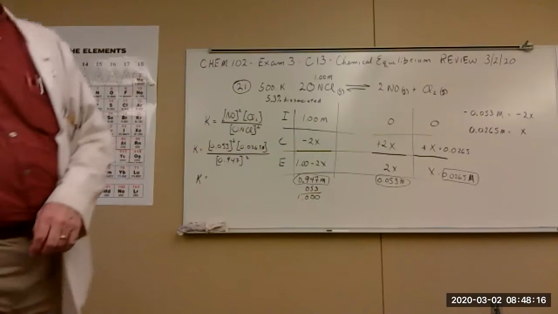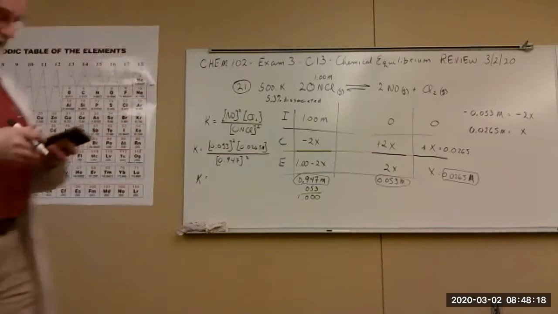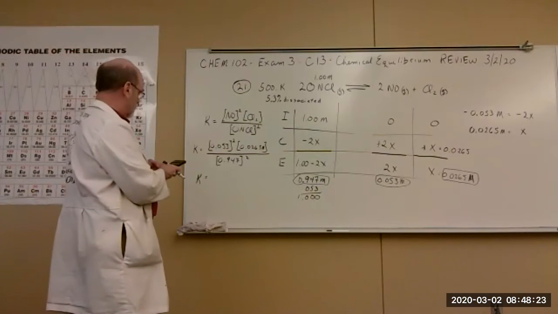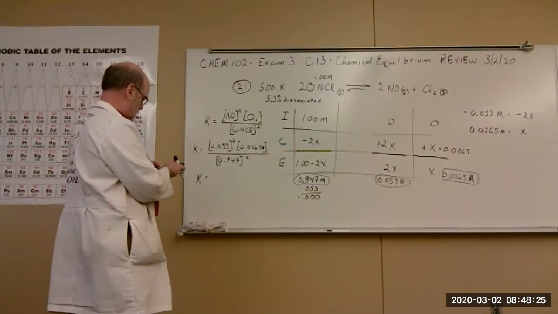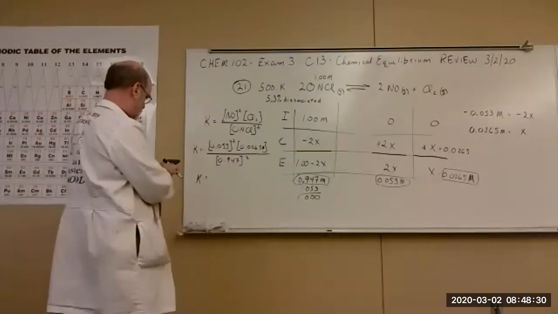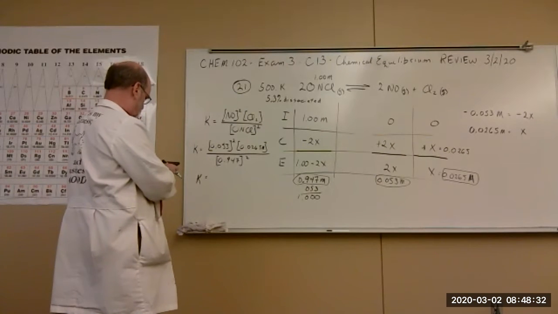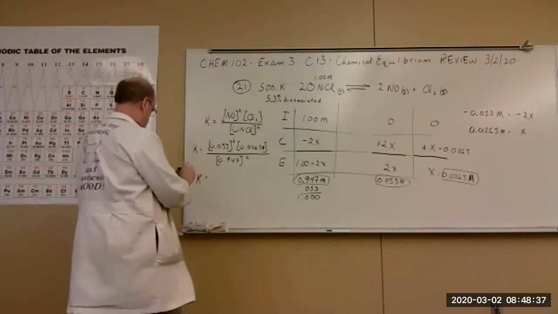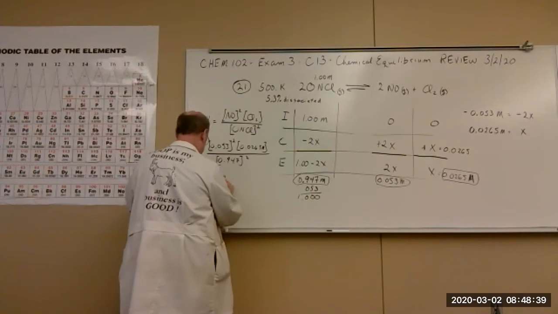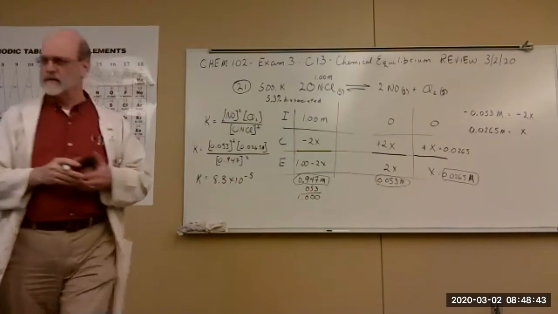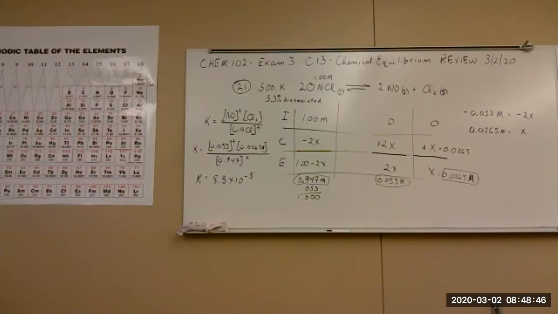And let's see, I like to check myself to see if I did it right, or it at least agrees with the Q document. 0.053 squared. I get 8.3 times 10 to the minus 5. Yep, it agrees. I don't know if it's right, but it agrees.